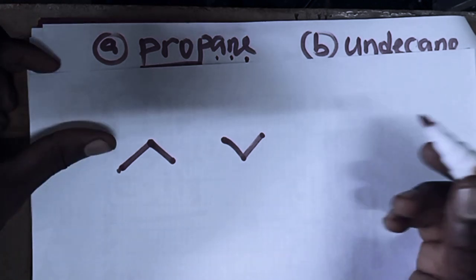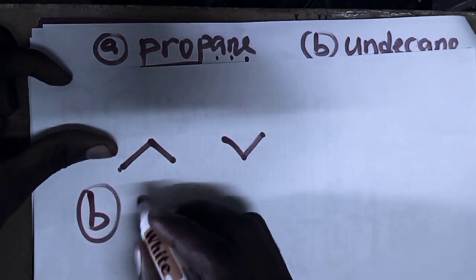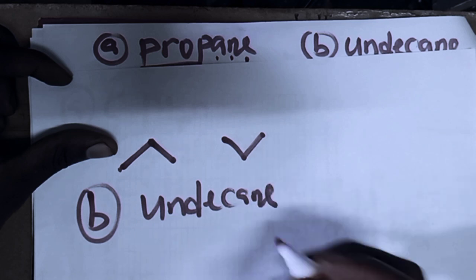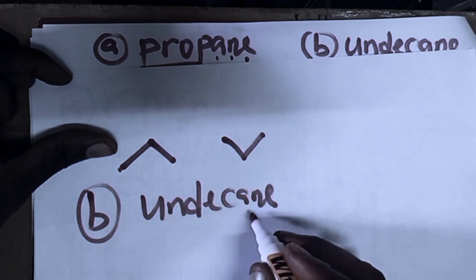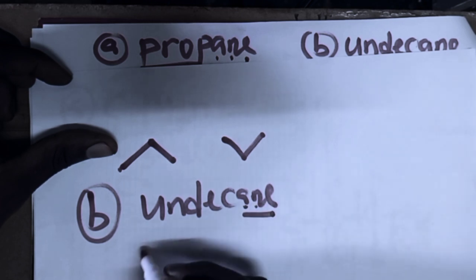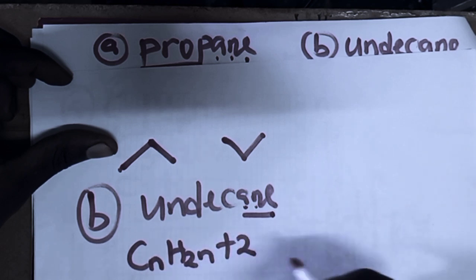The next question is B, decane. It is an alkane. The formula, because we have A and E, just by seeing this, just connect that the formula is CnH2n plus 2.